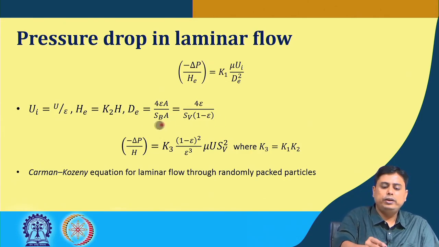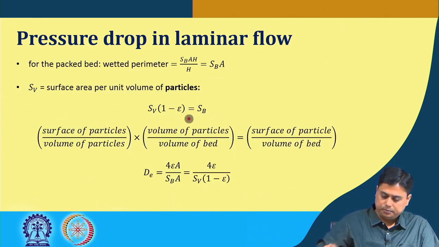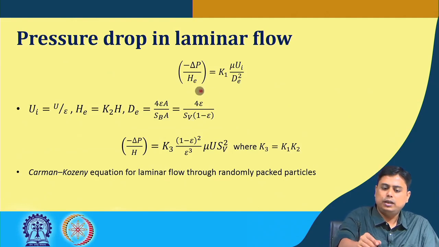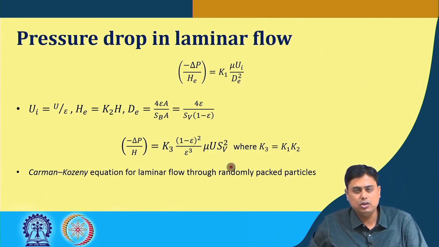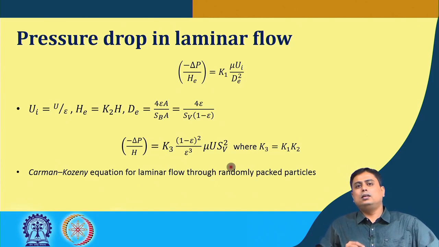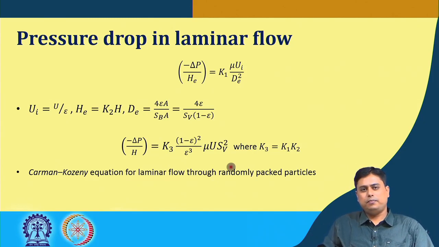Then we replace these parameters in this expression, and we get an expression of del P by H that contains the superficial velocity, a constant term, voidage, and the S_V term, the surface area per unit volume of the object, squared.